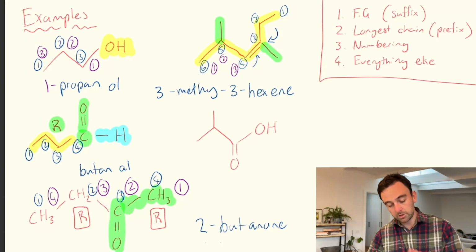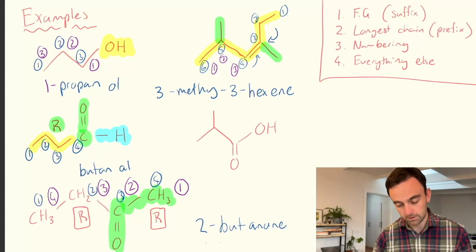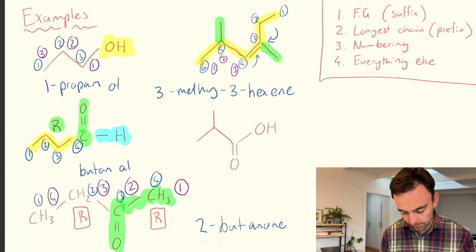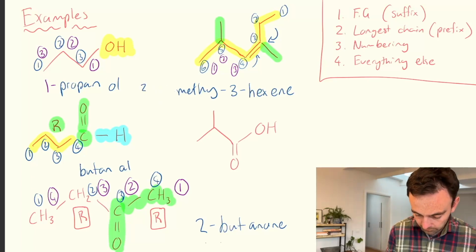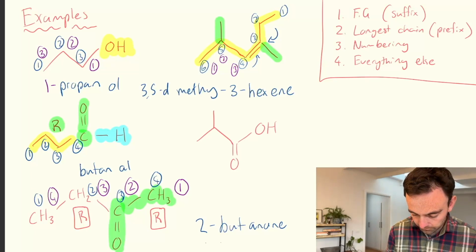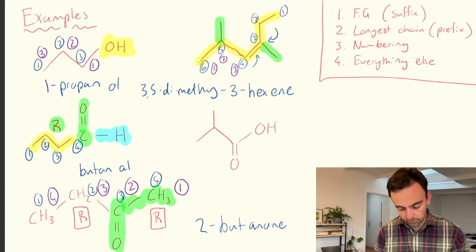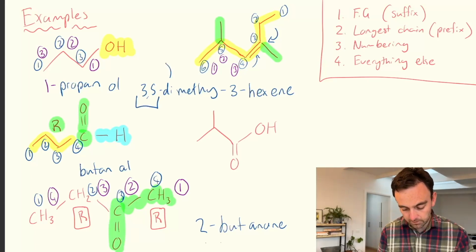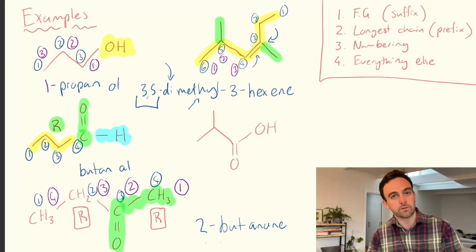So if it was just that, we'd have 3 methyl, 3 hexene. And then we also have another one on the 5th carbon. So it gets a little bit complicated, but it'll be 3,5 dimethyl 3-hexene. And that just means you've got 3 and 5, 2 methyl groups, and then the 3 tells you where the hexene is.